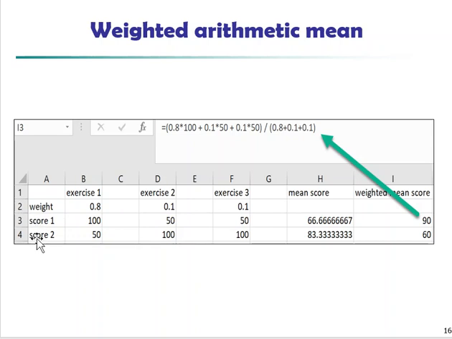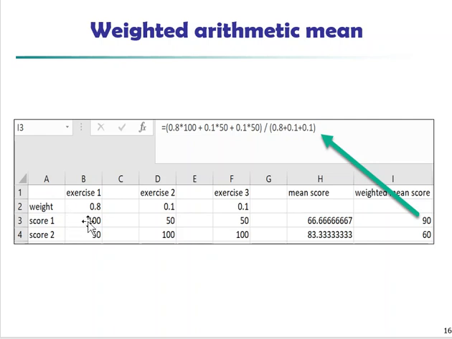And then 2 students did these 3 exercises, and they scored differently on those different exercises. If we took a simple mean, disregard all the weights, we just took those 3 numbers, added up, divided by 3, we get the mean score. We can see this mean score tells us student 2 performed better than student 1, which is misleading because I put weight on this exercise, meaning this exercise means more to me.